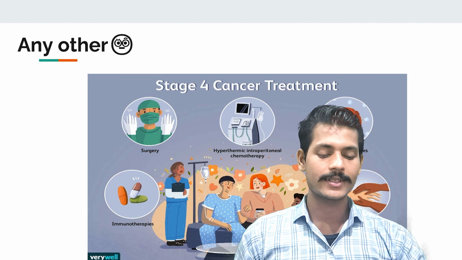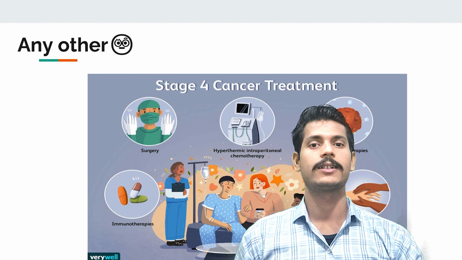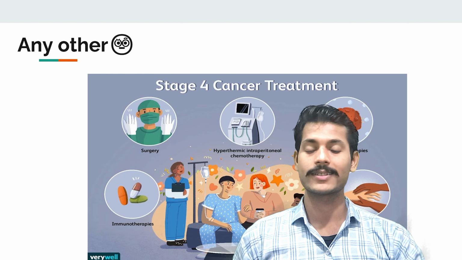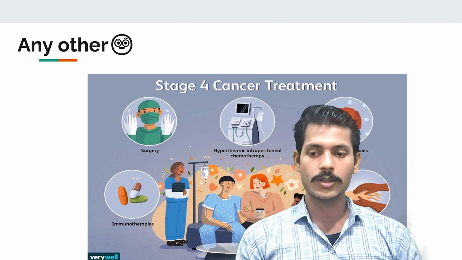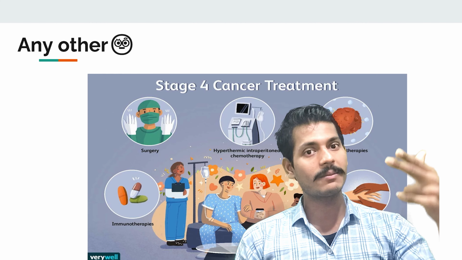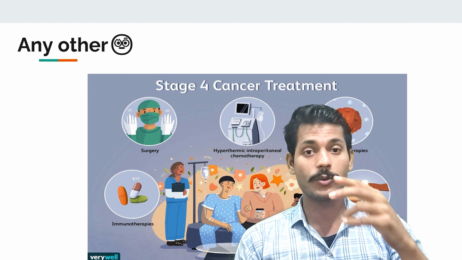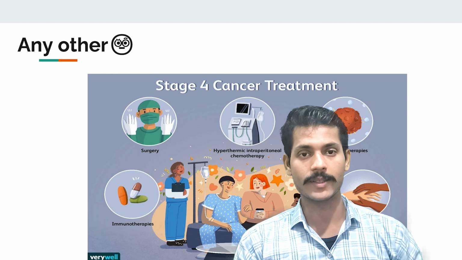Fine. And there are certain targeted therapies, one way called CRISPR, meaning you cut down the genetic material, the abnormally mutated DNA sequence.